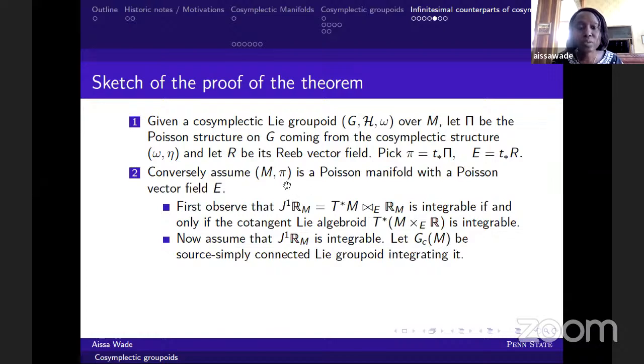Conversely, if we start with the Poisson manifold with a Poisson vector field, then we can construct our Lie algebroid.